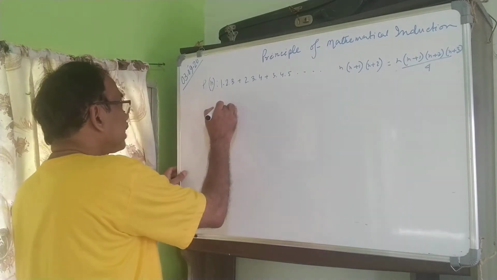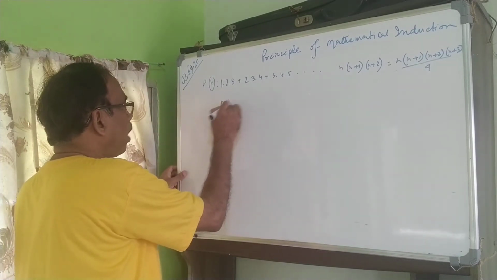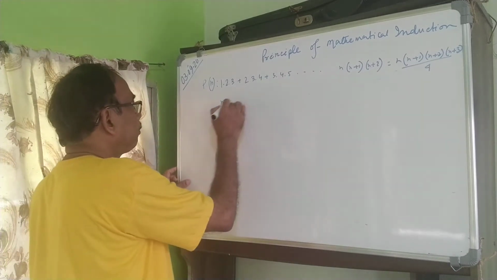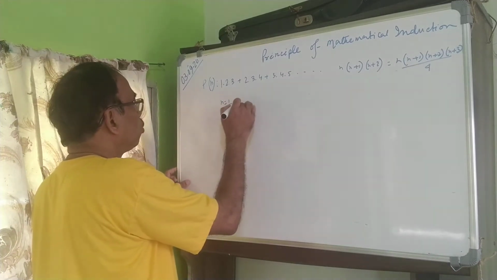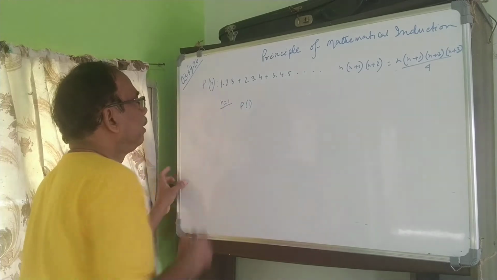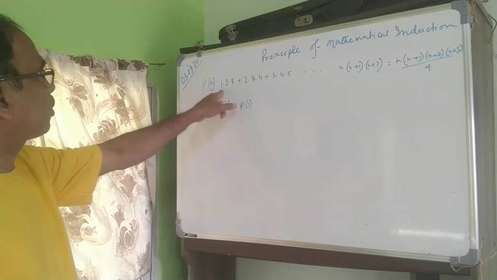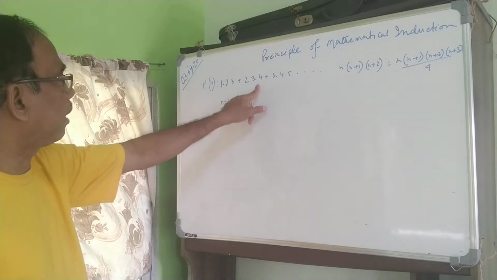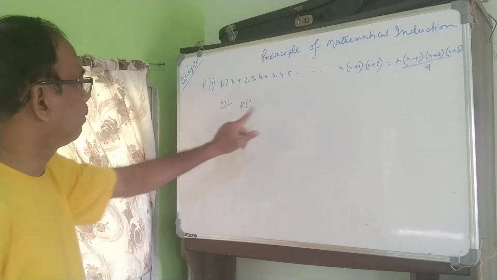Now let us put n equals 1. For n equals 1, let it be true. Then P1 means the first term. When n is 1, you have to take the first term. When n is 2, you take two terms. For n equals 3, first, second, third term.